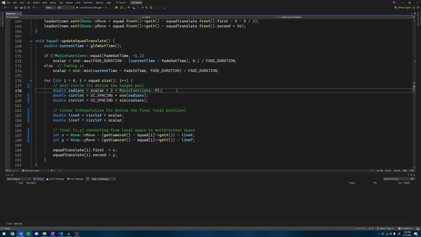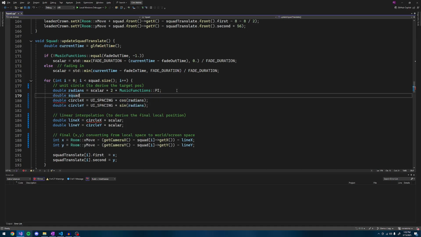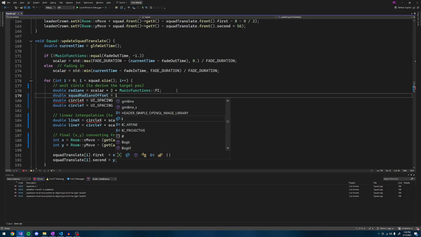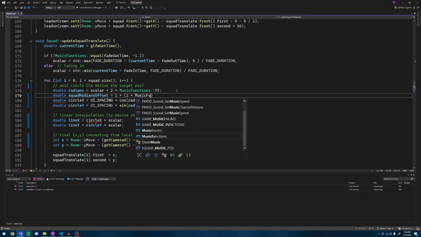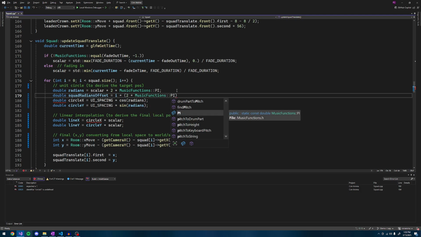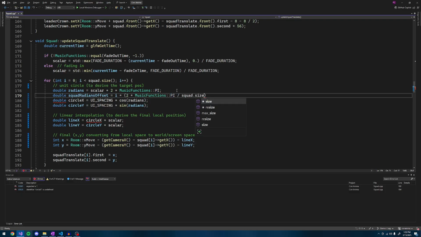I'll go ahead and create some offset here. And I'll use I because I increments over time. And I'll multiply it by 2 pi divided by the squad size.